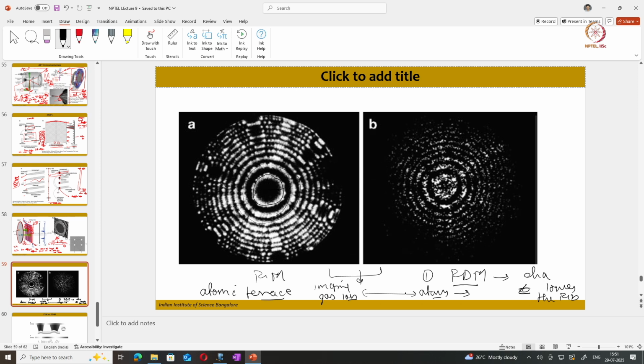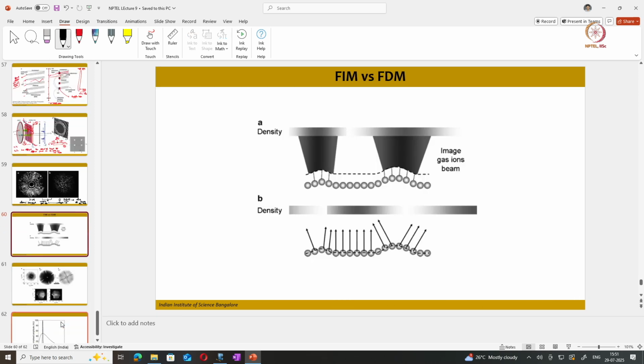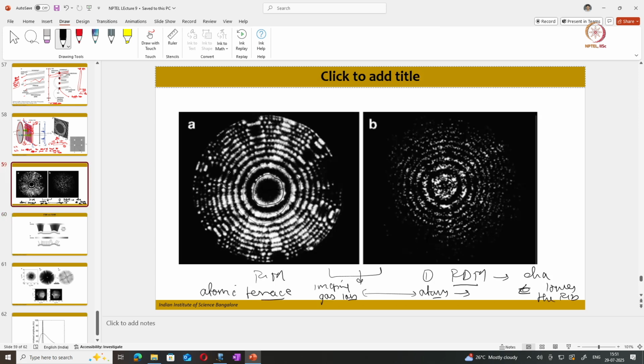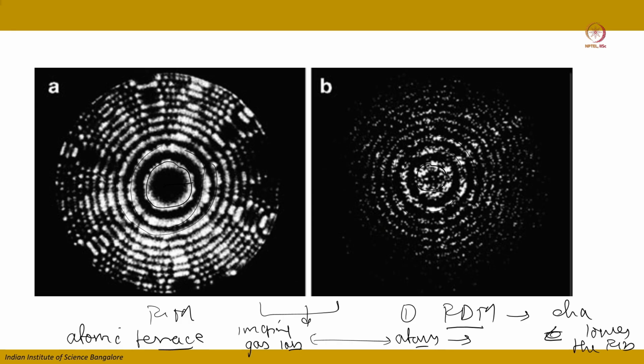If you compare A and B for the FIM and FDM, it is possible that the contrast gets reversed, meaning a concentric ring which appears bright can become dark.